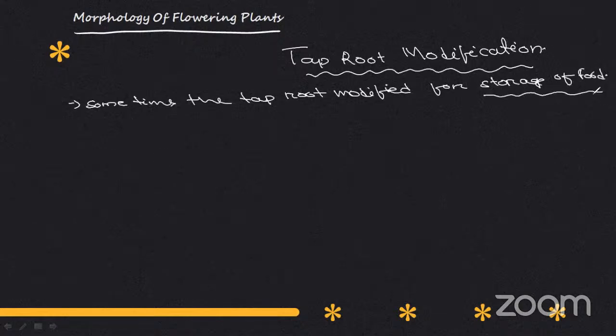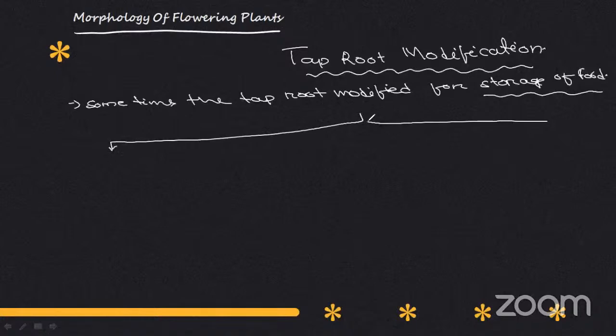Basically the root is not involved in the storage of food, but in some cases the root is modified to store the food, and on the basis of the storage of food, the taproot modification is of three types. Basically we are dividing the taproot modification into three types.